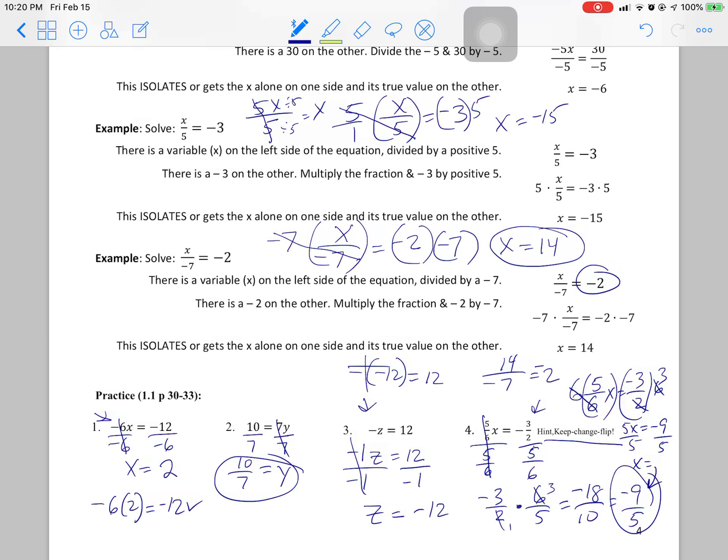Okay, so either way, they kind of do it in a couple of steps. This way works too, so either one of those. And I think that's it. Yes. Practice will be next.